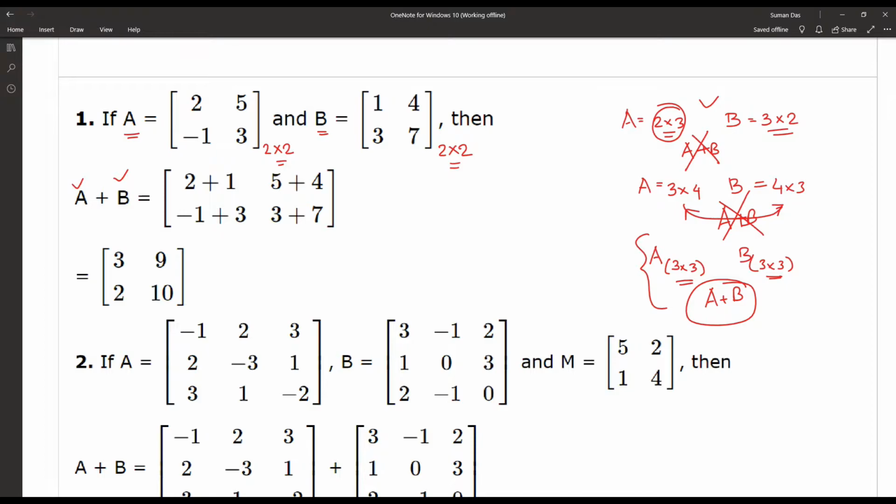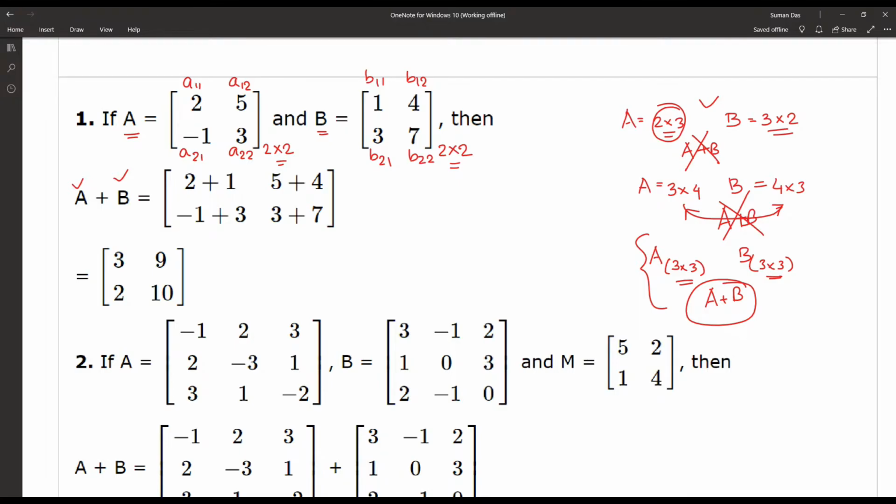Now the addition. Just look at the corresponding elements. Suppose that one is A11, that one A12, that one is A21 and that one is A22. And according to the matrix B, that one is B11, that one is B12, that one is B21 and for 7 that is B22.